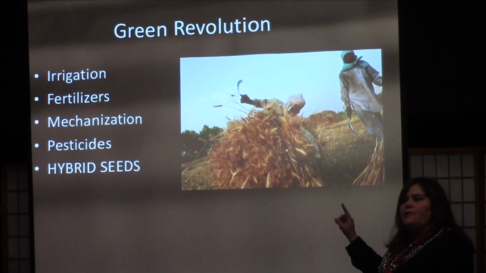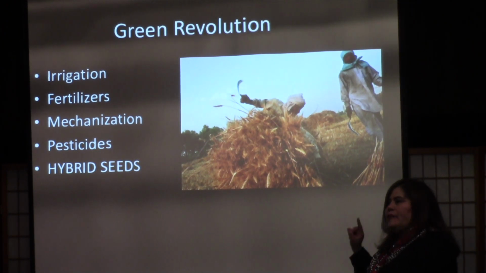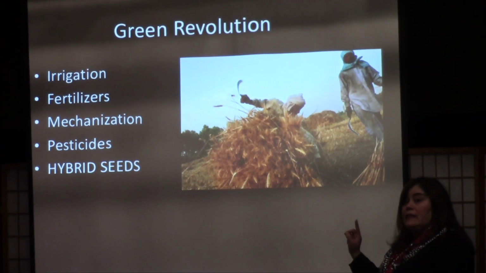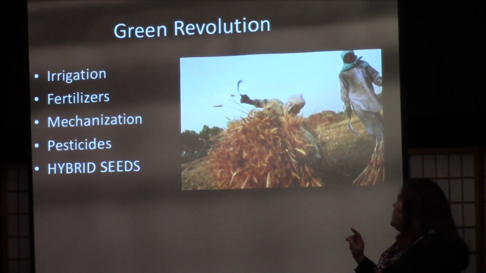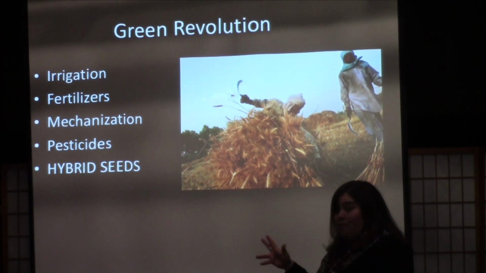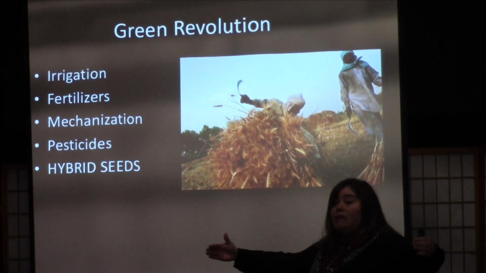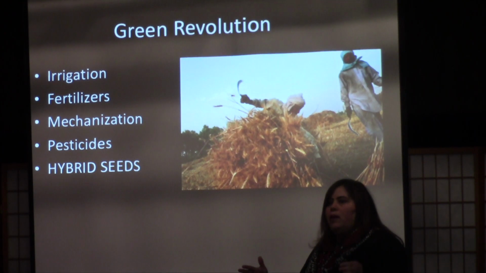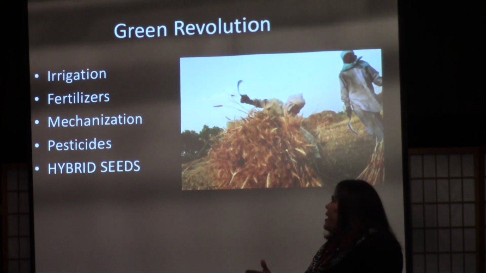If you are a subsistence farmer and you suddenly need to create irrigation ditches, irrigation canals, you need to buy fertilizer because these seeds only do well when you fertilize them, and they need a lot of water. You also need tractors, because these seeds have been designed for large expanses, not for the small plots that most of the world's farmers have.